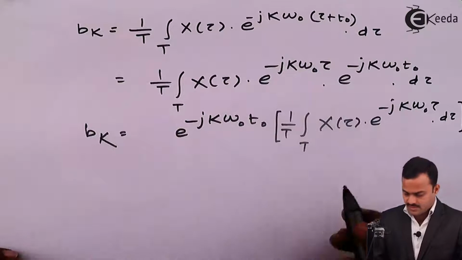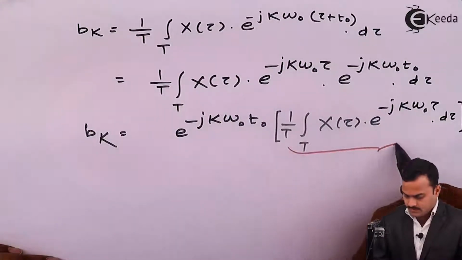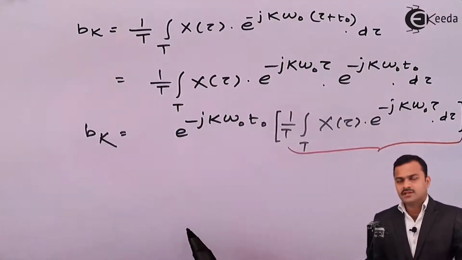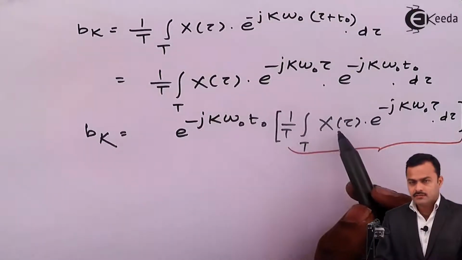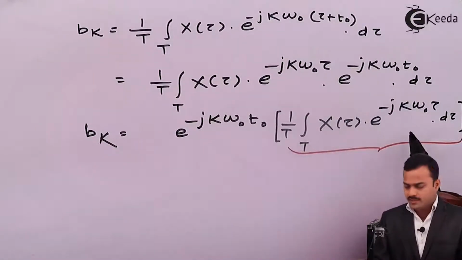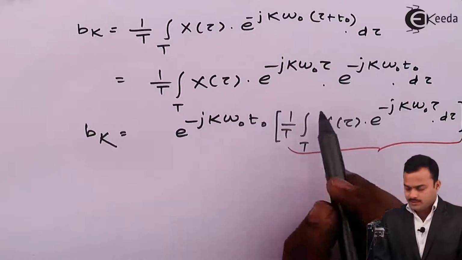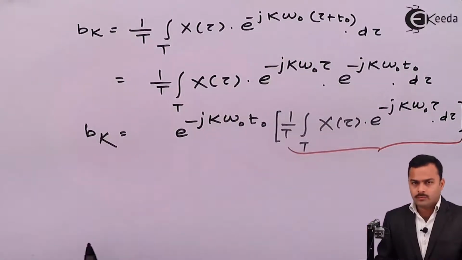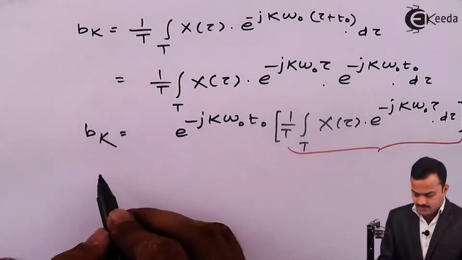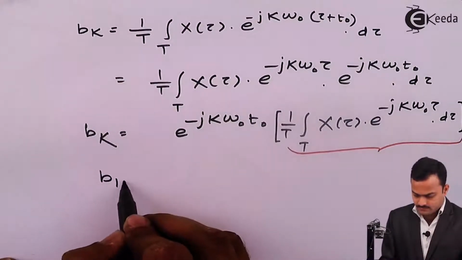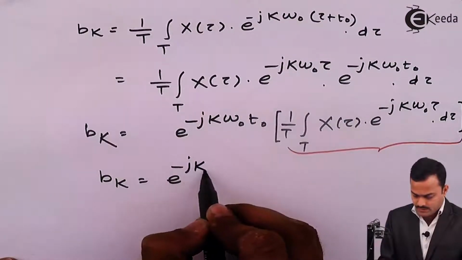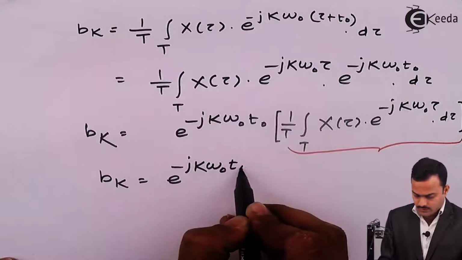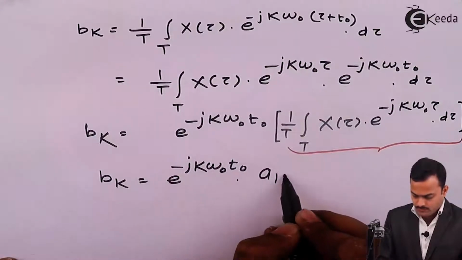Now it is quite obvious that this particular term is nothing but ak, because that we obtained by taking our original signal. We are just changing the variable from t to tau, but in a definite integral that is not going to matter. So in the end I will get bk as e raised to minus jk omega 0 t0 into ak.